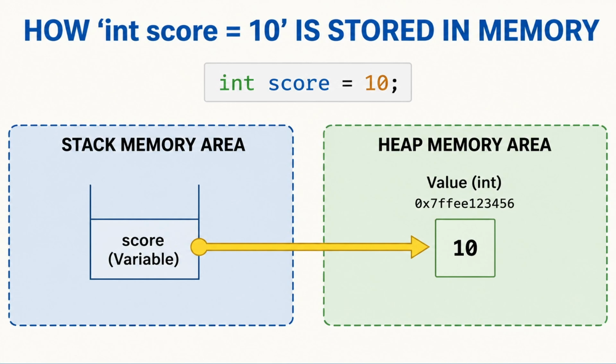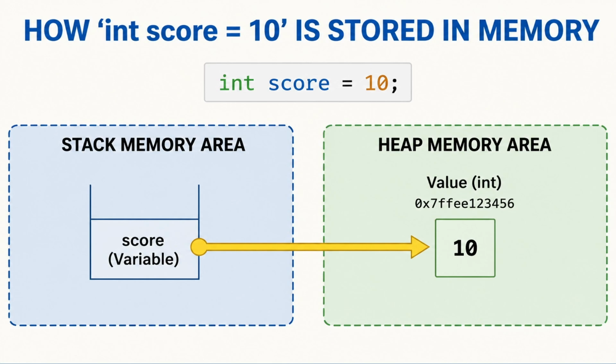As we have already discussed, we have different memory areas such as stack memory area, heap memory area, PC registers, native stack, and method area. With respect to variables, we will look into two memory areas, which are the stack memory area and the heap memory area.